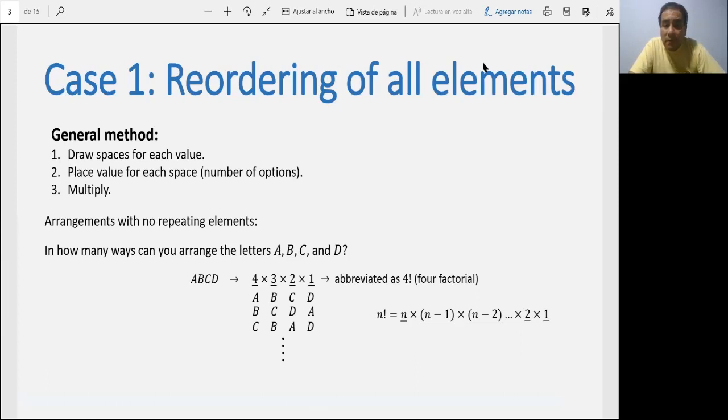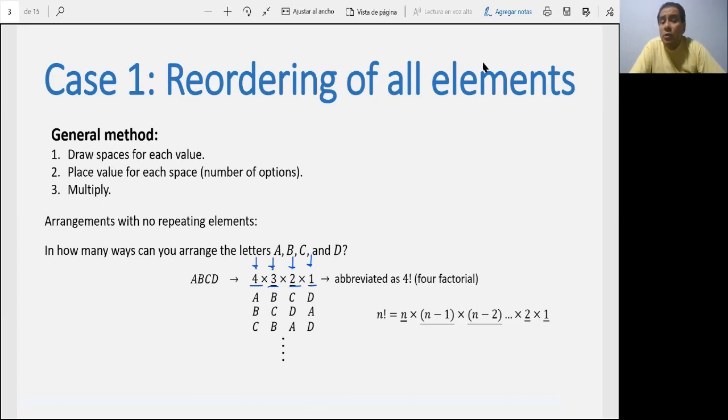We place 4 spaces, as you can see here, and in each of them, we place the number of options that we have for each letter. In this way, for the first letter of this arrangement of 4 letters, I can pick the letter in 4 different manners, because we have 4 different letters.